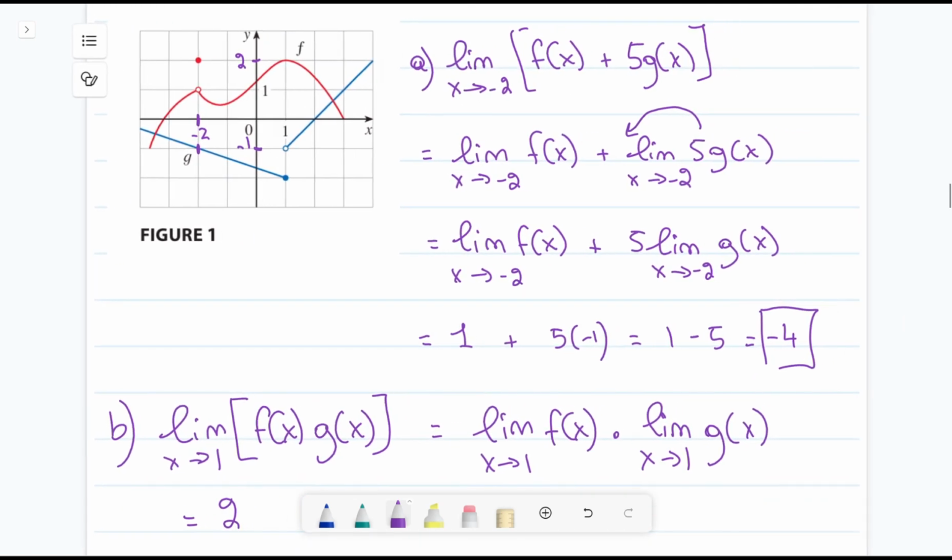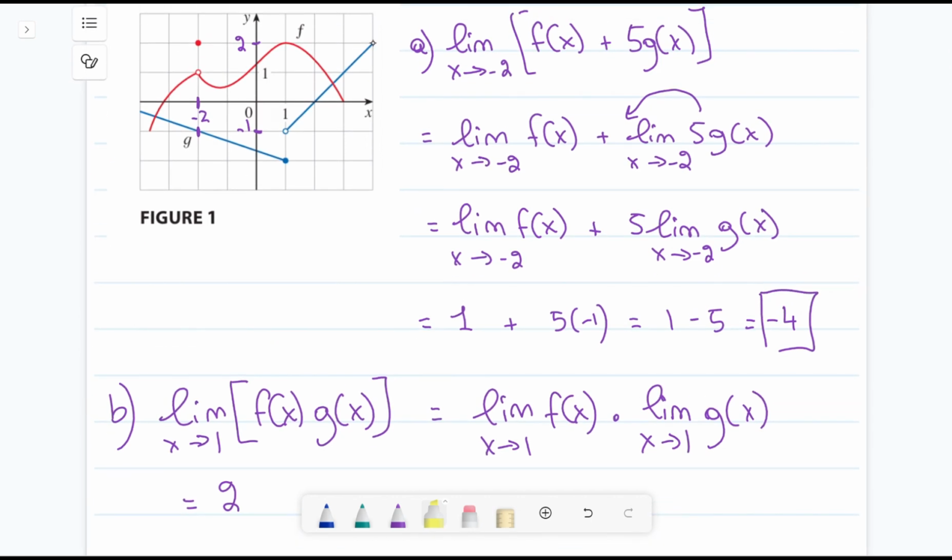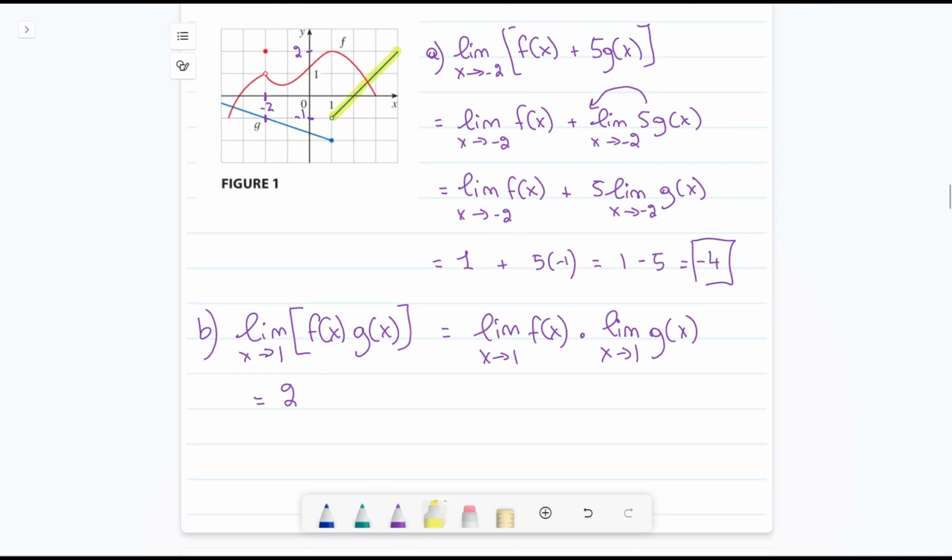Now let's look at g of x. The limit of g of x as x approaches 1 from the right is -1. As you can see, we're going from the right, approaching x equals 1. We get really close to the value of -1, so I will write this down.